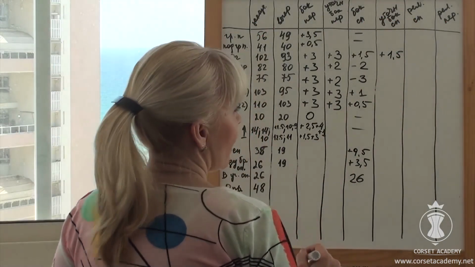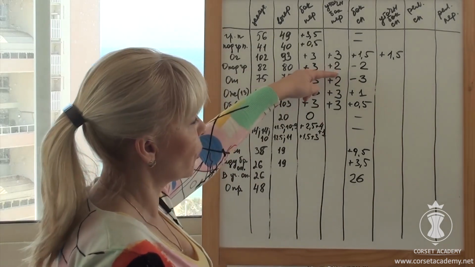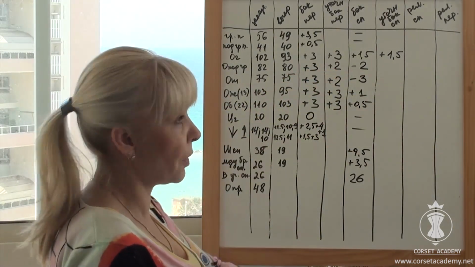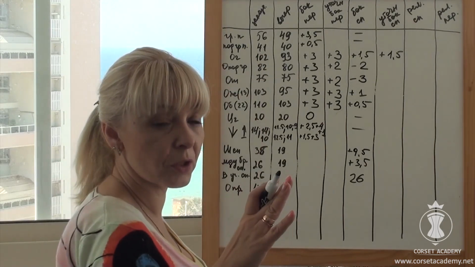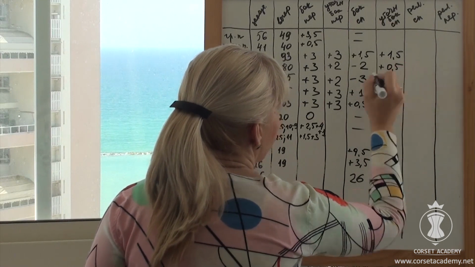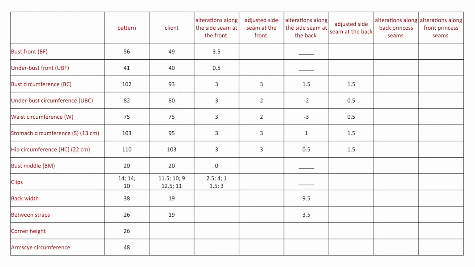We need to make the adjustment value 1 centimeter smaller along the under bust line to keep identical side seam configurations at the front and at the back. It should be 0.5 centimeters then. The incline of the side seams does not change in the waist, so we leave it at 0.5 centimeters.